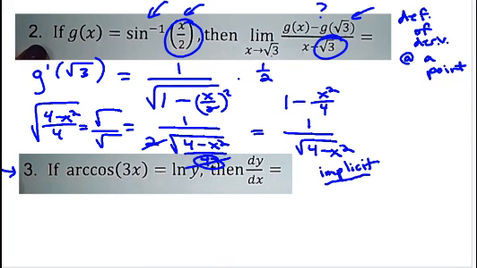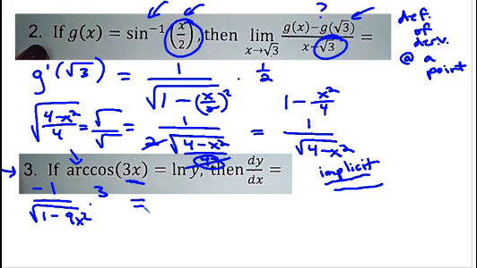On number 3, we have to use implicit differentiation because we have both a 3x and this y in here, and we'd have a difficult time solving this thing for y. So doing our implicit differentiation, the derivative of this side is going to be -1 over the square root of 1 minus 9x squared times the derivative of this, which is 3.